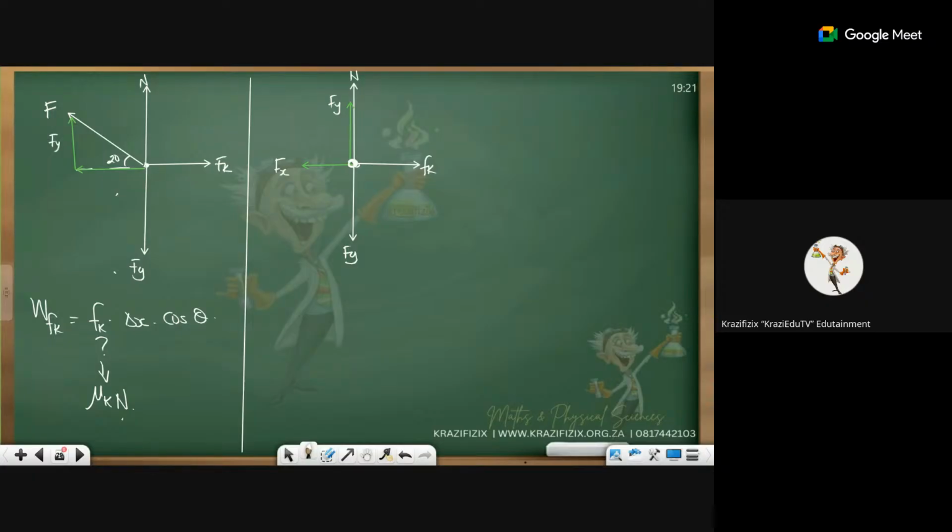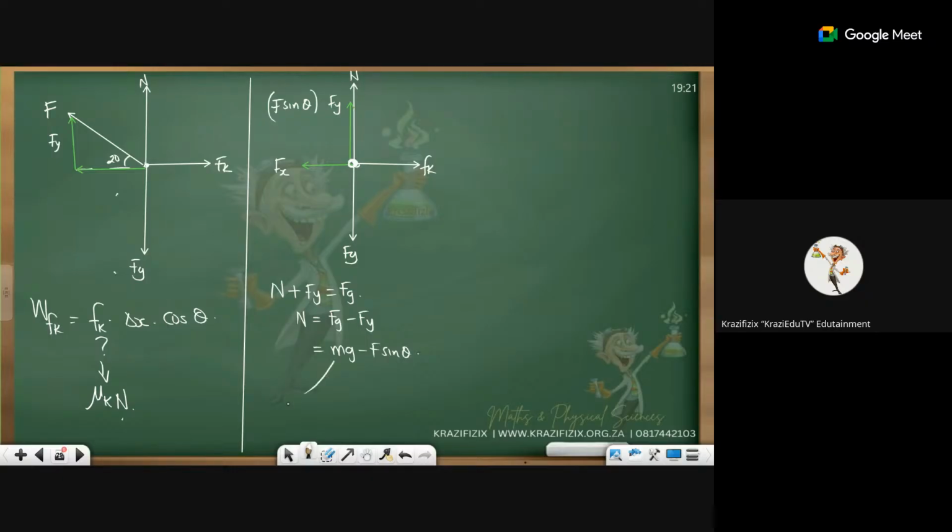Fy will be F sine theta. Now, what is my N? How many forces are pointing up? 2. How many down? 1. So it means N plus Fy equals Fg. What is N? Fg minus Fy, which is mg minus F sine theta.